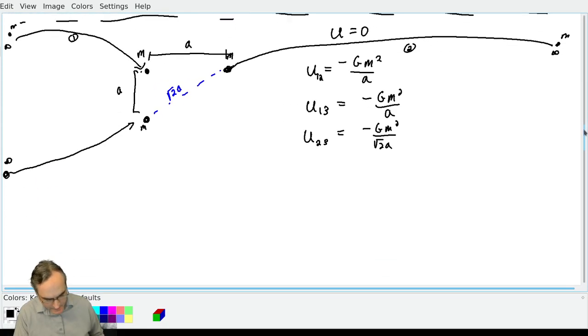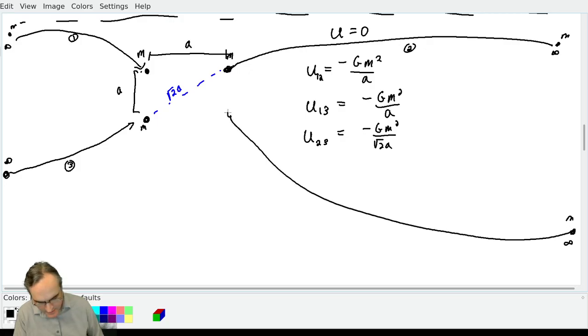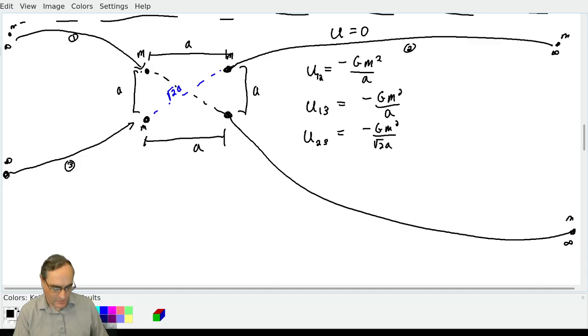All right, we're going to finish this off by taking our fourth mass. The last one was bringing in number 3. And here we are way out at infinity, and we bring it in to a point that is a away from mass 3, a away from mass 2, and across the diagonal, it's going to be square root 2 a again. So for mass number 4, we get a U between 1 and 4, which will be minus G m squared over, that's across the diagonal, square root 2 a.